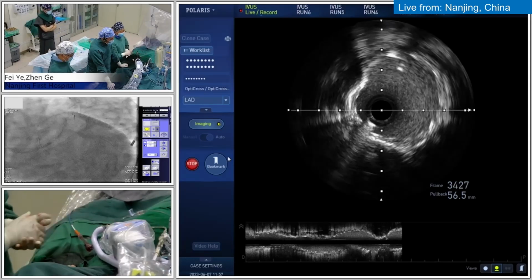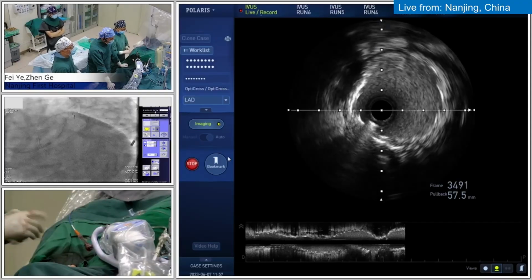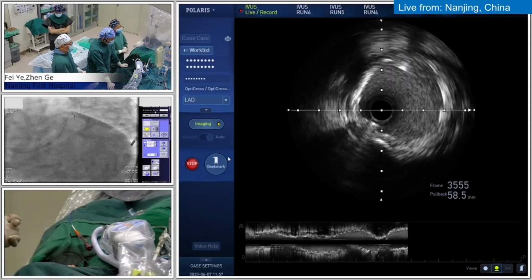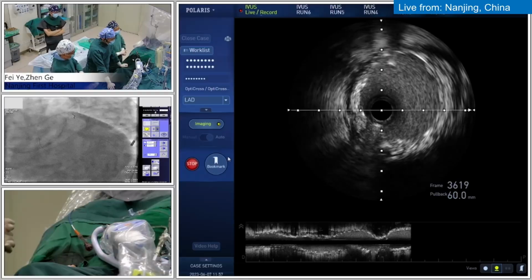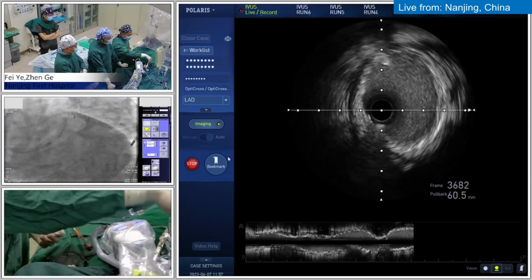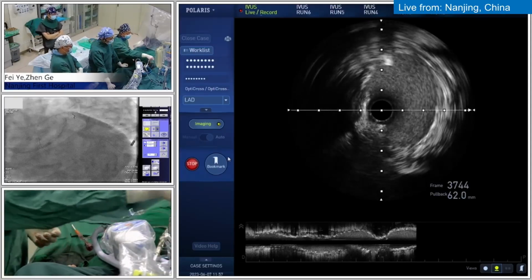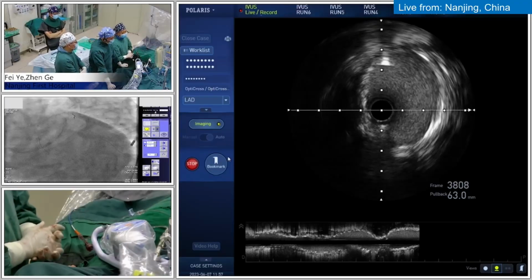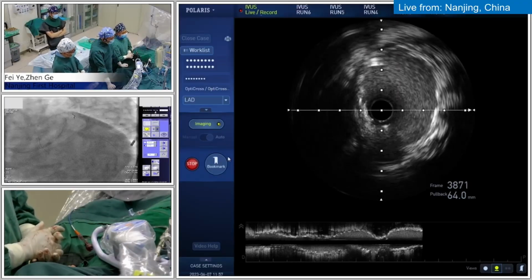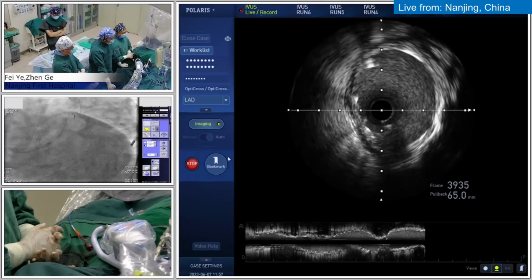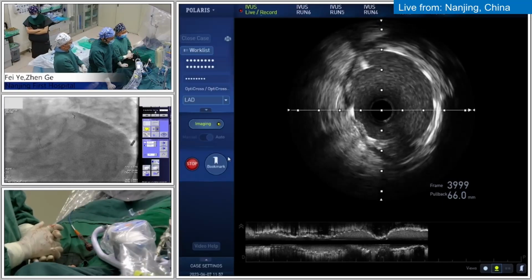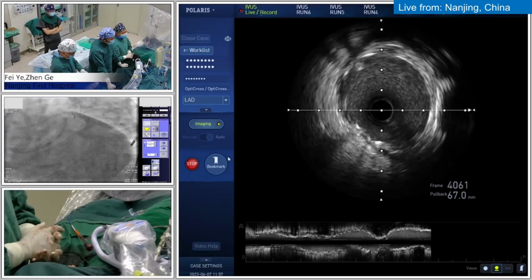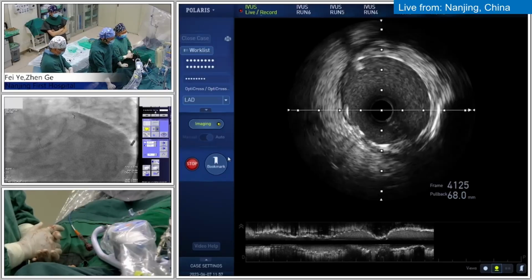So what's our criteria of the optimized result after provisional stenting, Dr. Ge? Based on the EXCEL study, probably it's 6, 7, 10 from the circumflex ostium, LAD ostium, and distal left main. That's the optimized criteria.